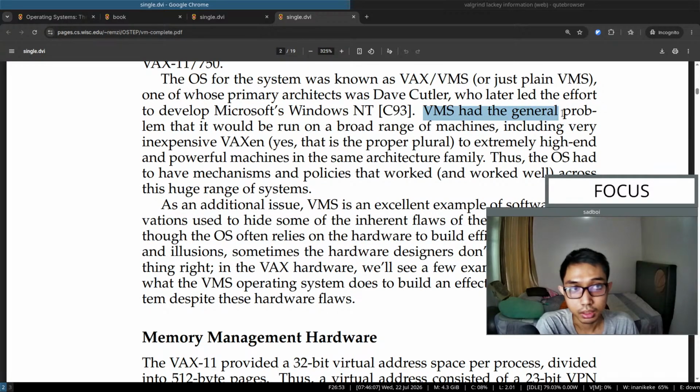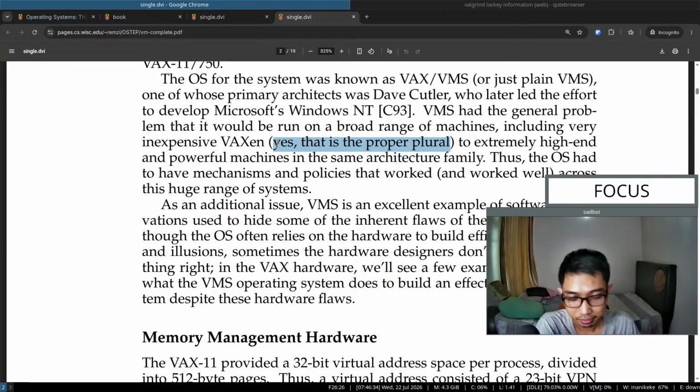VMS had the general problem that it would be run on a broad range of machines, including very inexpensive VAX and, yes, that is the proper plural.